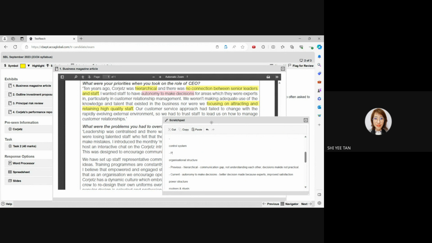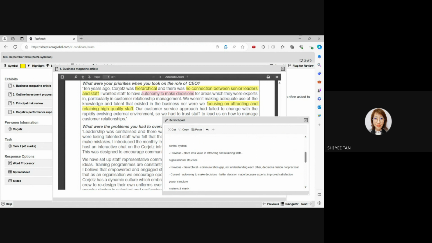Maybe I write here. Previous place less value in attracting and retaining staff. So what's the issue?